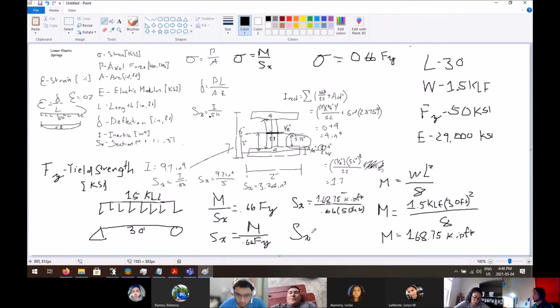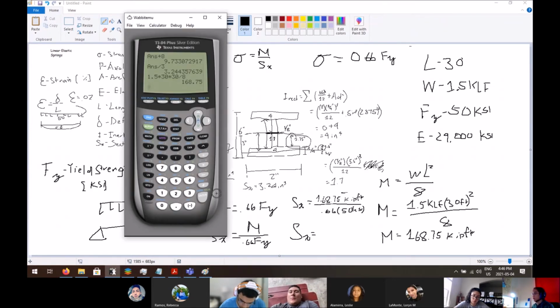So our section modulus is equal to this number divided by 50. We should get, that doesn't seem right.